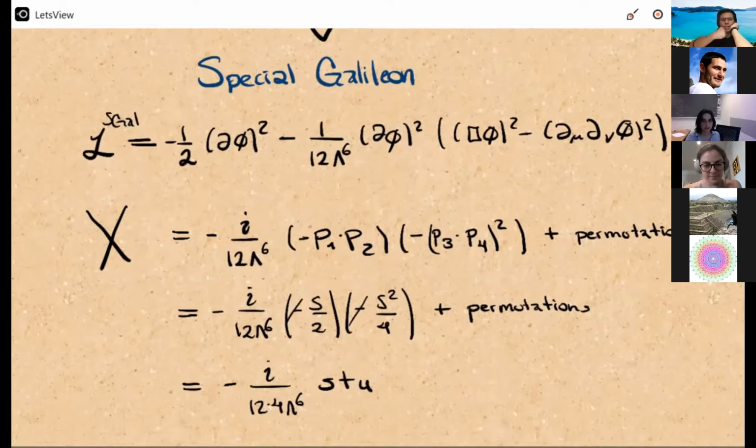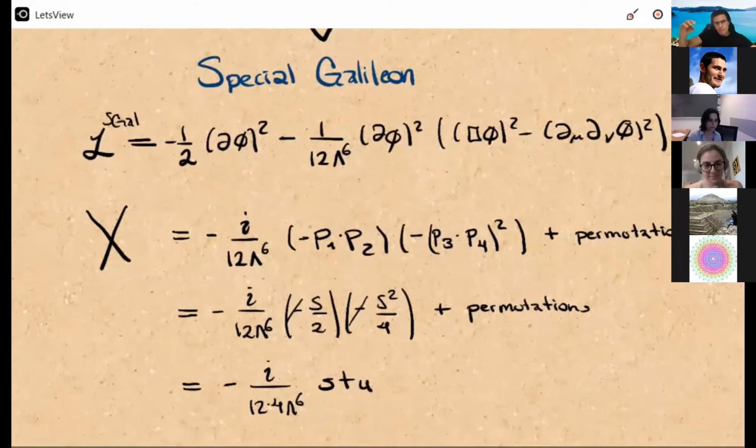Mariana, can I ask another one? Yep. So maybe it's in the line of what Antonio just asked, but in principle, the Lagrangian of the sigma model and the Lagrangian of the Galileon theory have very different, even local symmetries, right? They have different symmetries. So these symmetries do not at all influence the amplitudes.